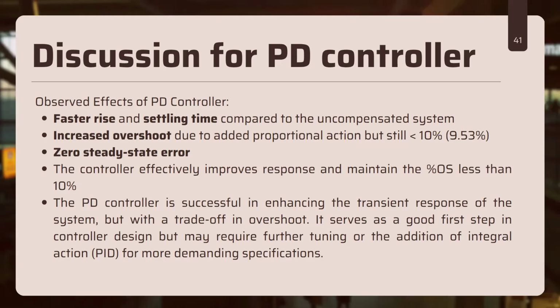So the controller effectively improves the response and maintains the overshoot percentage below 10%. So the PD controller is successful in enhancing the transient response of the system, but with a trade-off in overshoot. It serves as a good first step in the controller design, but may require further tuning or the addition of integral action, which is PID, for a more demanding specification. So next.